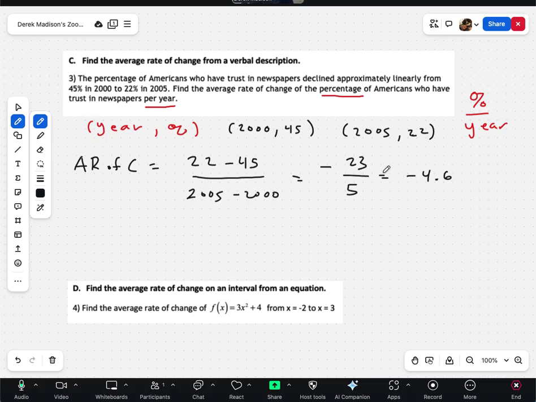So what this means is, remember, we're in percent per year, so that means the decrease is, because it's negative, 4.6% per year is how the trust in newspapers was decreasing over that period.